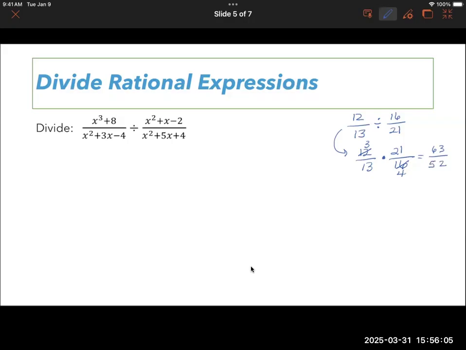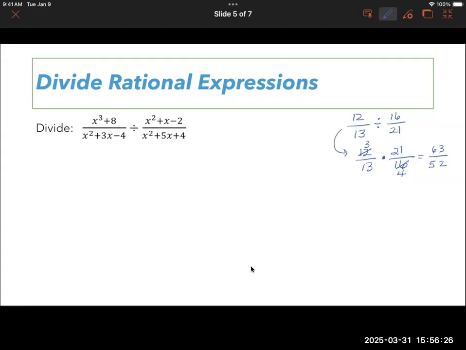Okay, so again, the same is going to be our guide for dividing rational expressions. It doesn't really matter whether you factor first and then change to multiplication or multiply first and then factor. Just make sure you do both things before you start canceling.